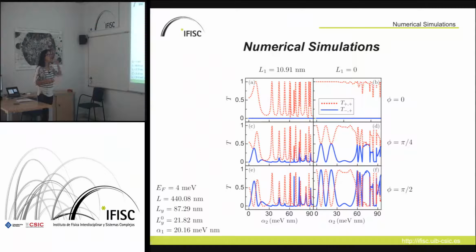Now we increase the polarization angle and the spin precession effect appears. And also we can see that only for small values of alpha 2, we can compare this oscillation with the quasi one-dimensional case, this and this one.